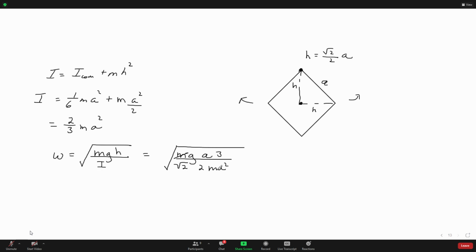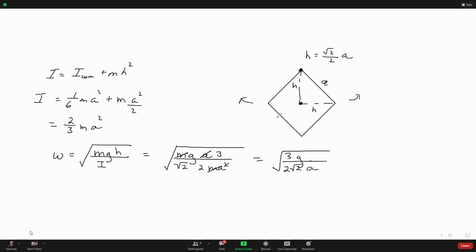So the mass cancels, and the a cancels with the square, and we get the square root of g over 3 over 2 times the square root of 2 times a. All right. Exactly in the form g over some length.